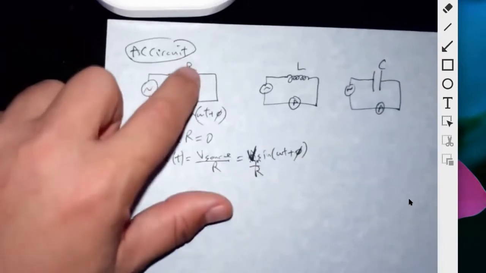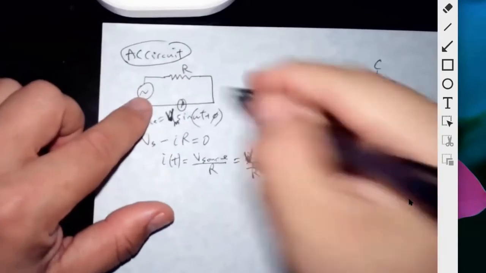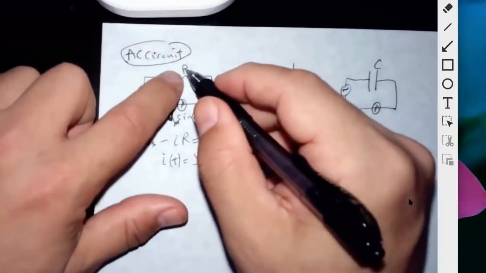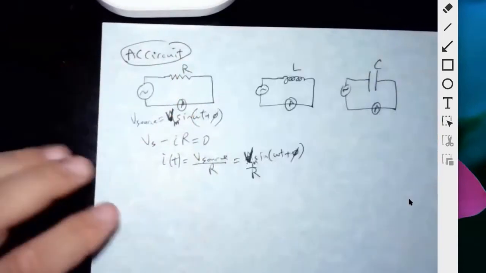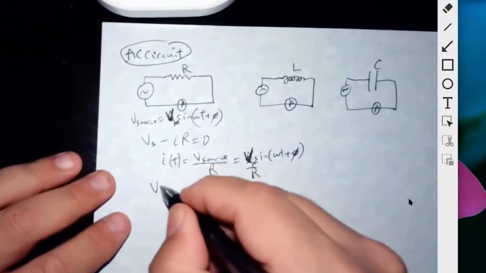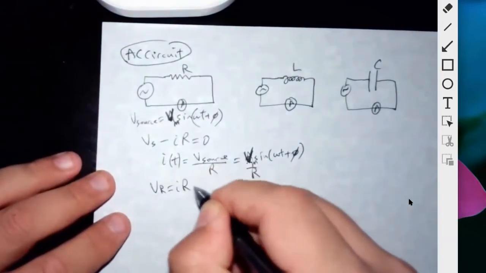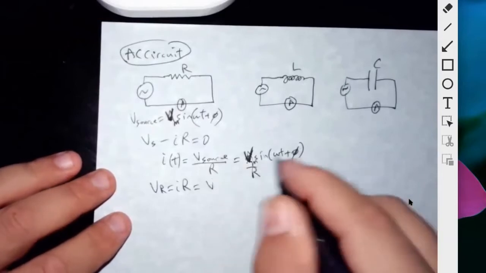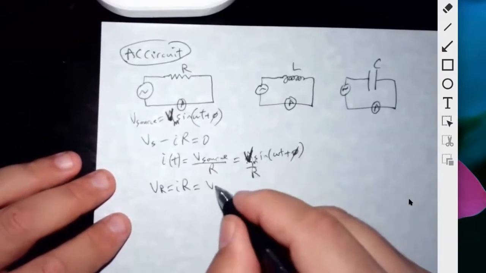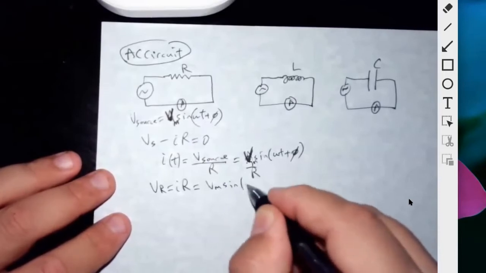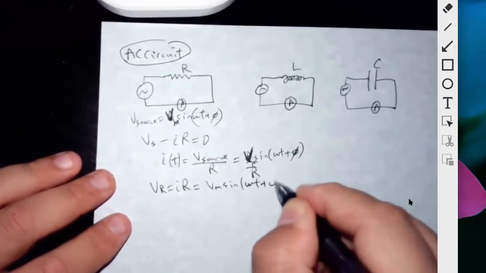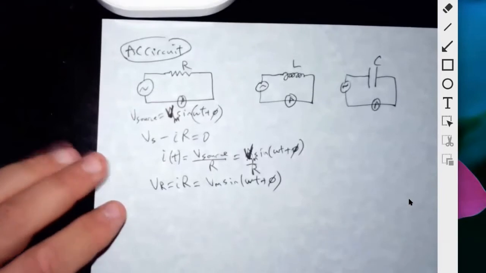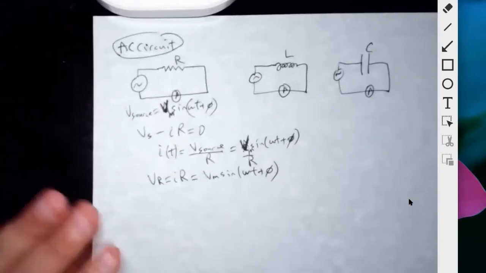And of course, the voltage of the resistor is equal to the voltage of the source, because the only thing in the circuit is the resistor. So then we say the voltage of the resistor is IR, just multiply this by R, and you have the voltage of the resistor is Vm sine omega t plus phi.